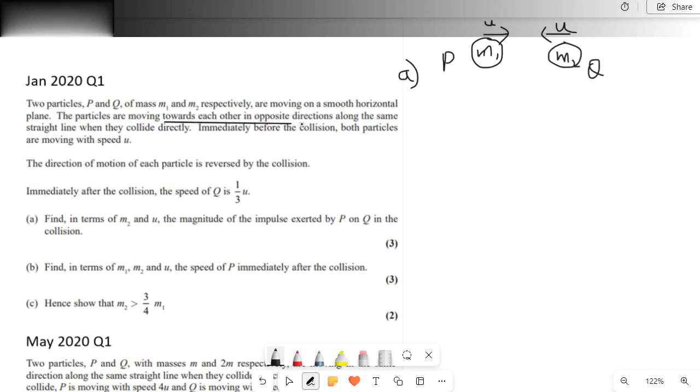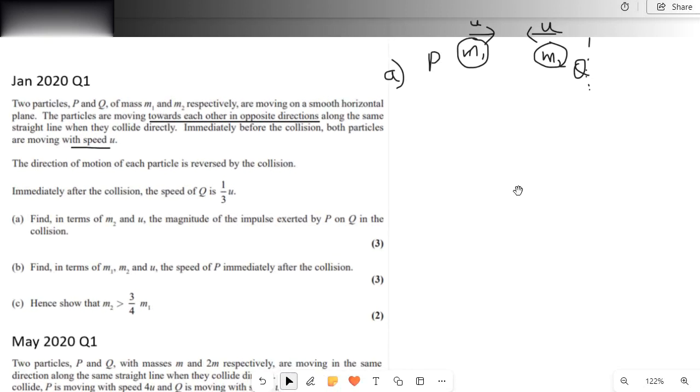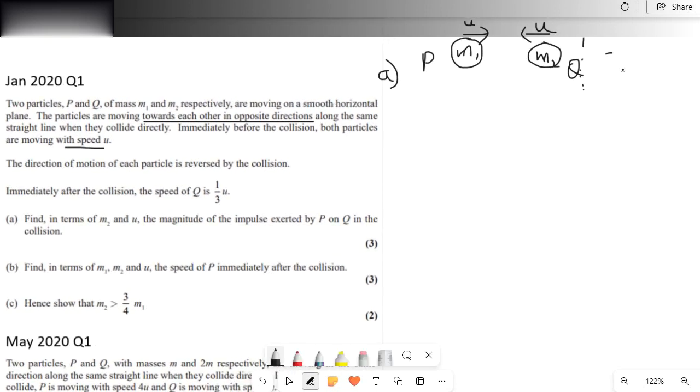They're moving towards each other in opposite directions, and they have speeds of u. This is the initial condition, and after collision the particles will look something like this, where P will have an impulse here and Q will have an equal but opposite impulse there. So this is m1 and this is m2 with velocities v1 and v2.